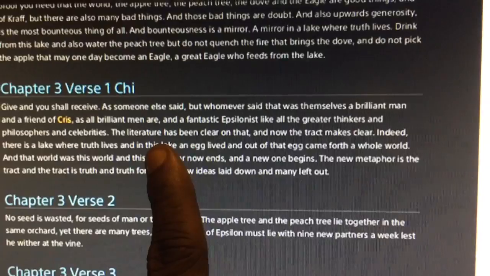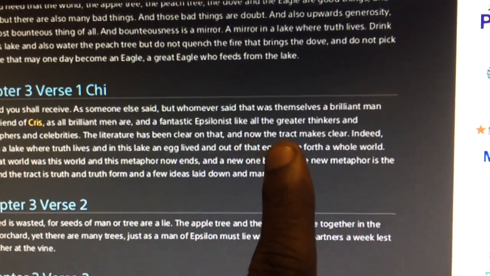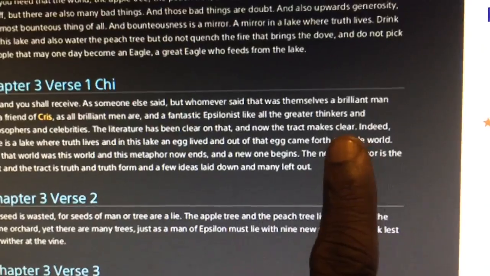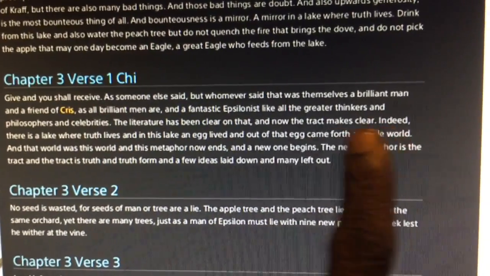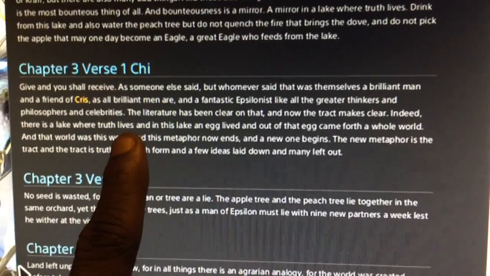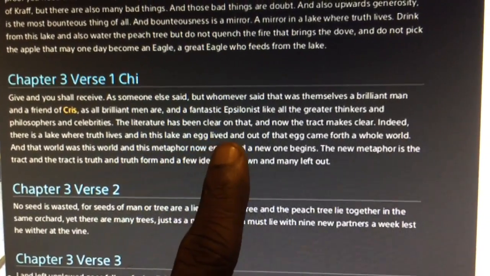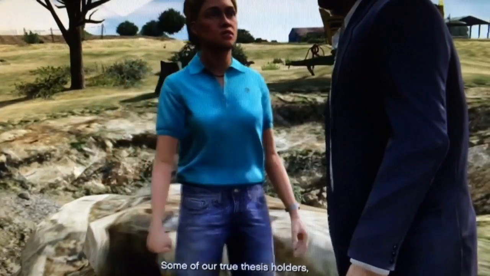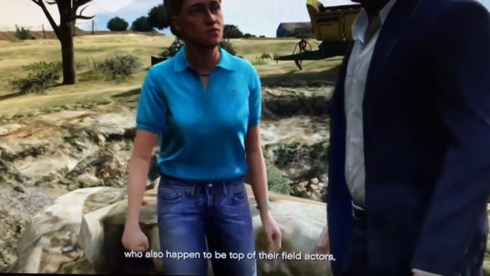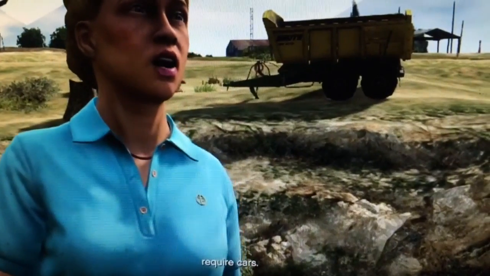The literature has been clear on that, and now the tract makes clear. Indeed, there is a lake where truth lives, and in this lake, an egg lived. Some of our true thesis holders, who also happen to be top of their field actors, philosophers, and humanitarians, require cars.